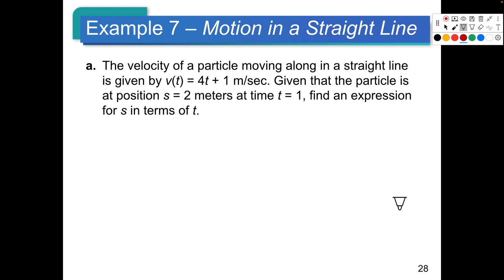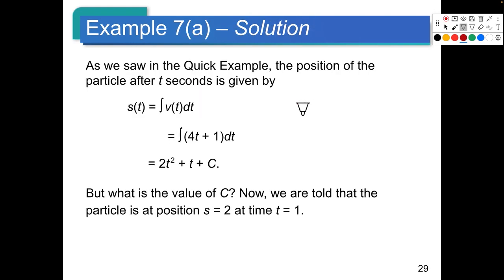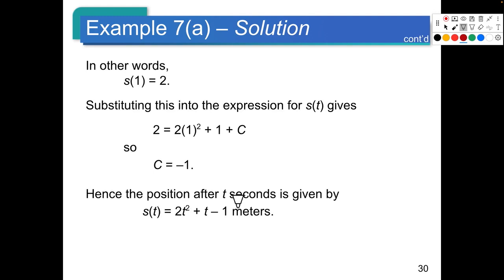Again, here they're giving us the same thing, so we're going to see similar stuff. Now they're going to add in an initial condition. The particle is at position s equals 2, so it's gone 2 meters after 1 second. What that allows us to do, once we integrate, is use this to get what the constant is.